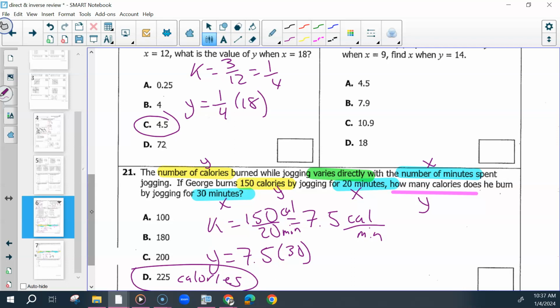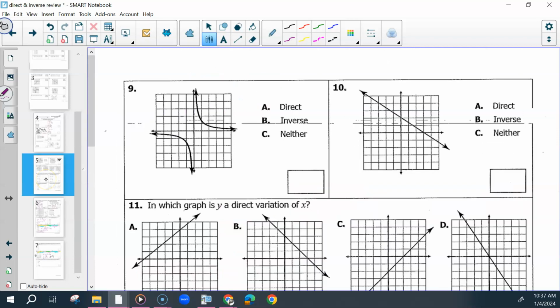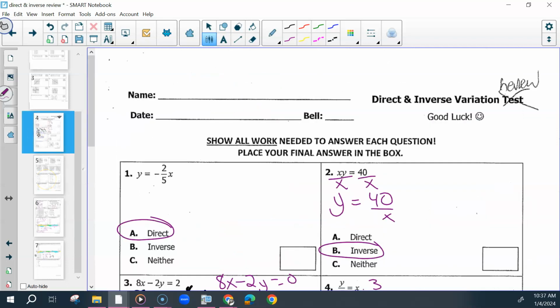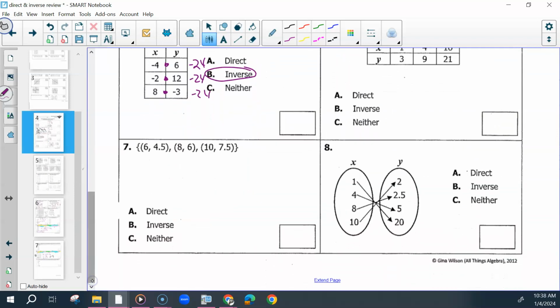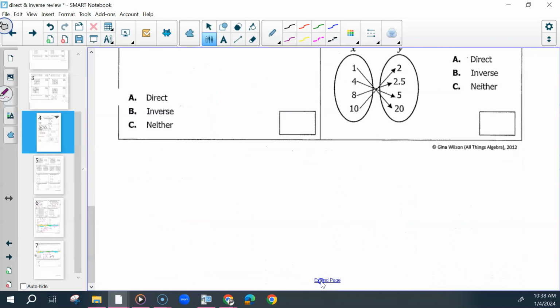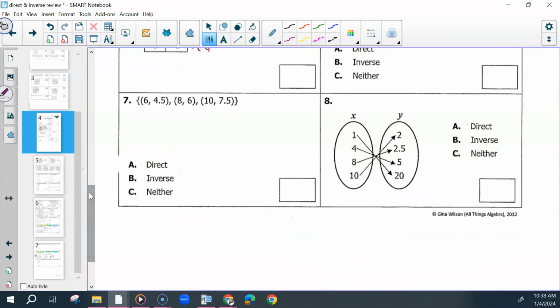Yes. On which page? On this page. Page number 7. So this is like your tables, your mapping, word pairs.